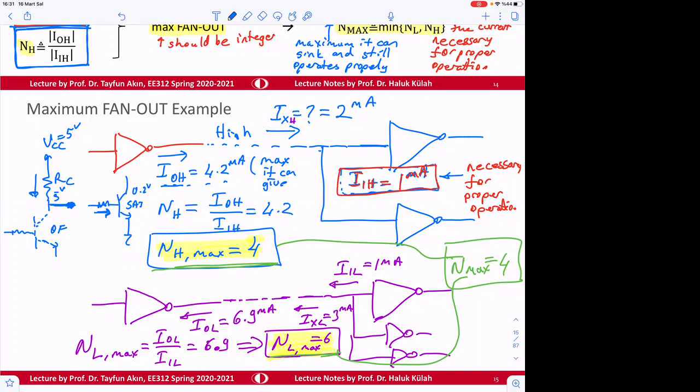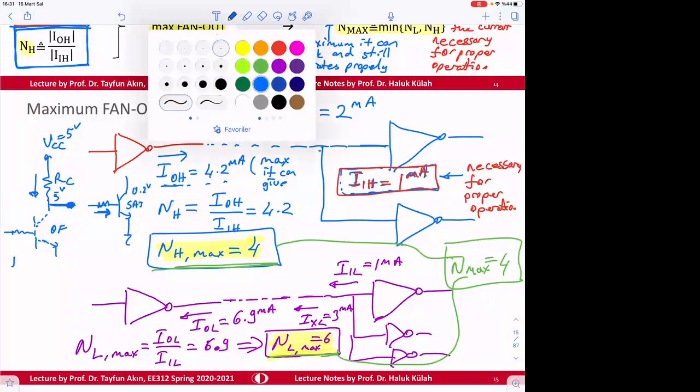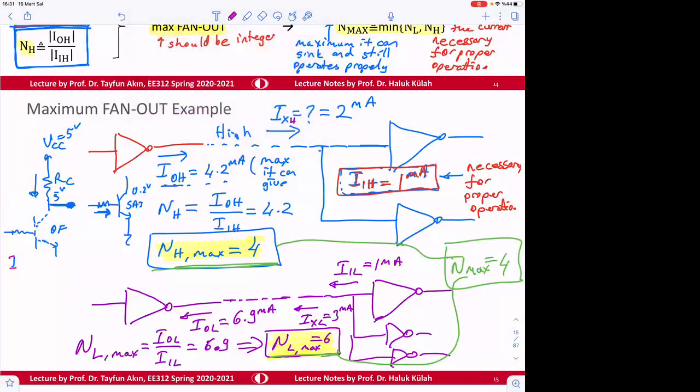So in the data sheets, I output high is given as minus 4.2, okay? And just as a note, in data sheets, I output high is given as minus 4.2 milliamp.